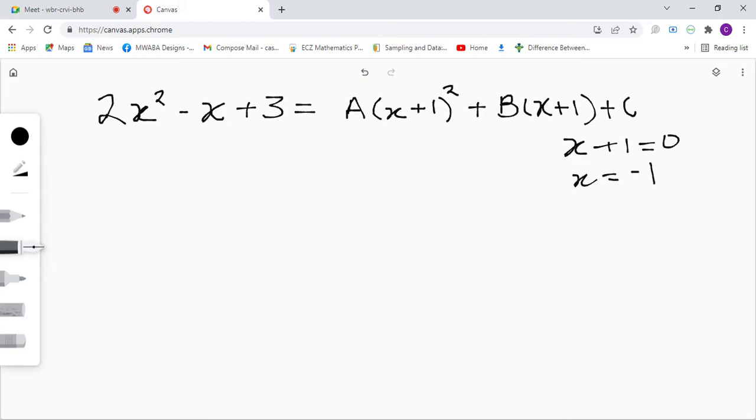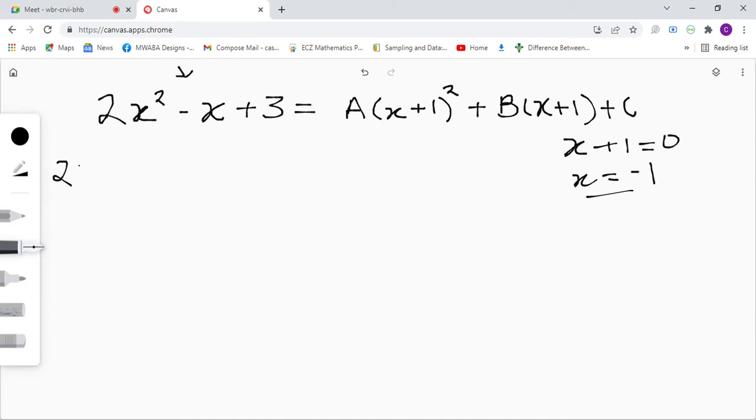This is going to be our critical value. The first thing we're going to do is put x equals -1 into the left hand side of the expression and also the right hand side to find our value of C.